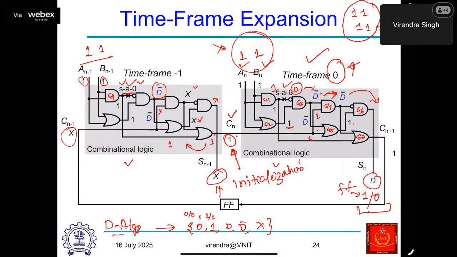D is fault free 1 and faulty 0. D bar is fault free 0 and faulty 1. And X is any other value, because I need two values.